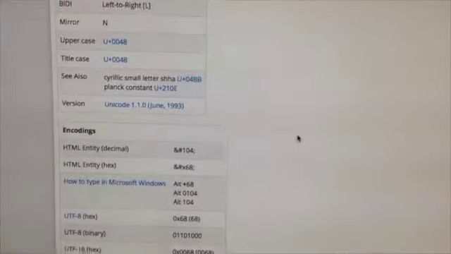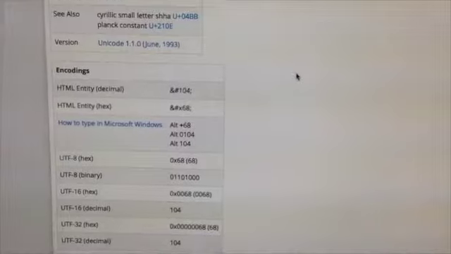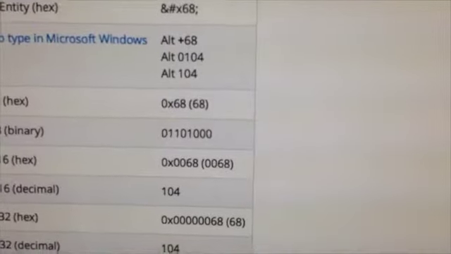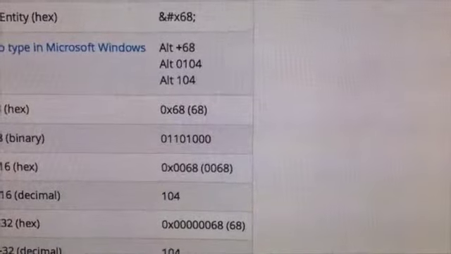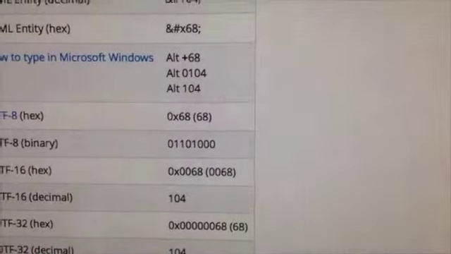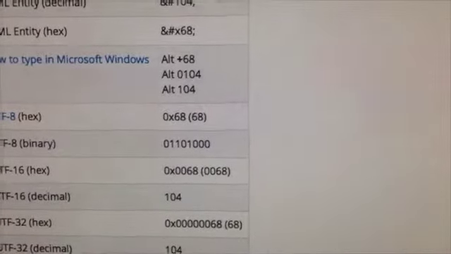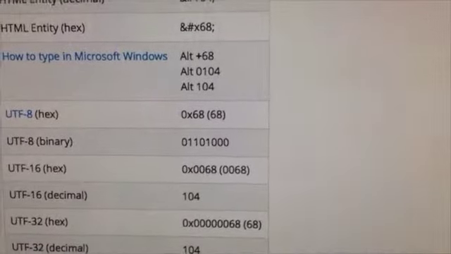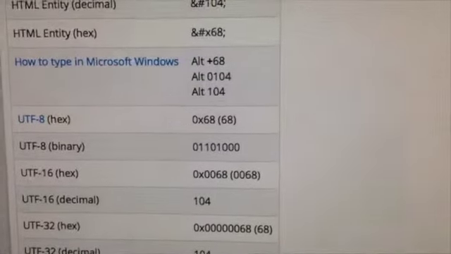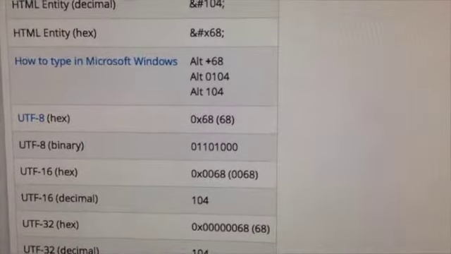That's for uppercase. And if you look down further, it says UTF binary, there it is, 01101000. So that sequence of zeros and ones means to your computer the letter H. If you were to change those zeros and ones, or put them in a different order, it would be a different letter.